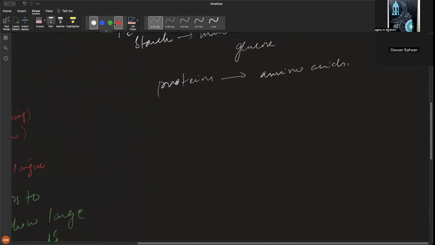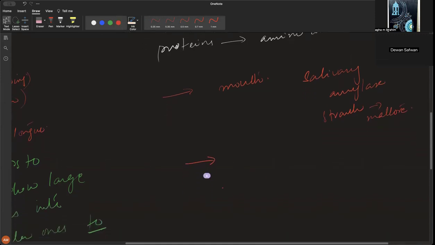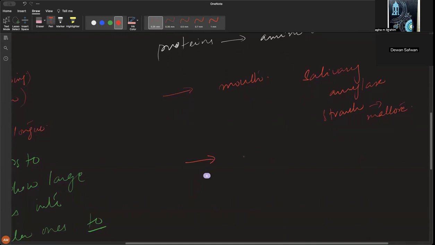Now, what are the places where this takes place? It starts with the mouth, where salivary amylase breaks starch into maltose, then it takes place in the stomach, where with the presence of HCl, which has a pH of 2, proteins are broken down, right?